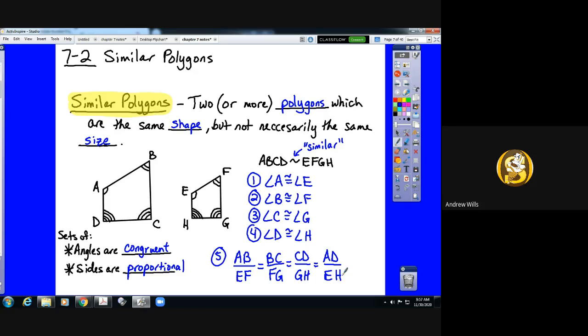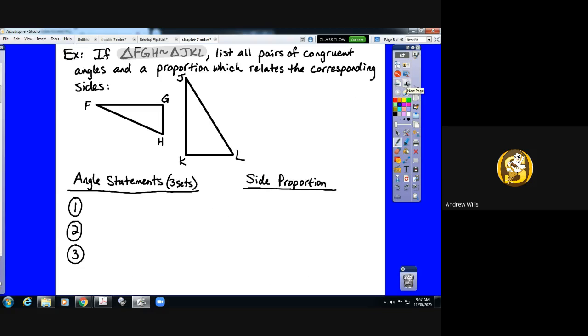All right. So the first problem type you're going to see is going to look like this example here. It's going to give you a similarity statement. So in this case, if triangle FGH is similar to triangle JKL, list all pairs of congruent angles and a proportion which relates the corresponding sides.